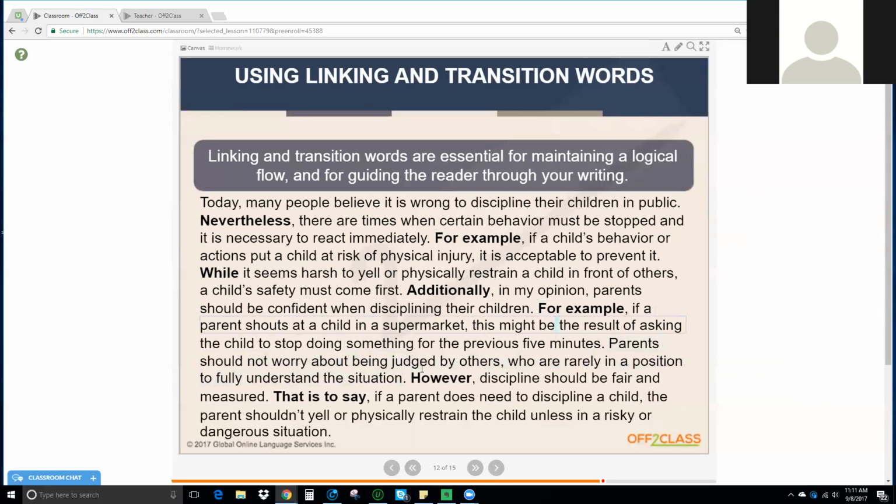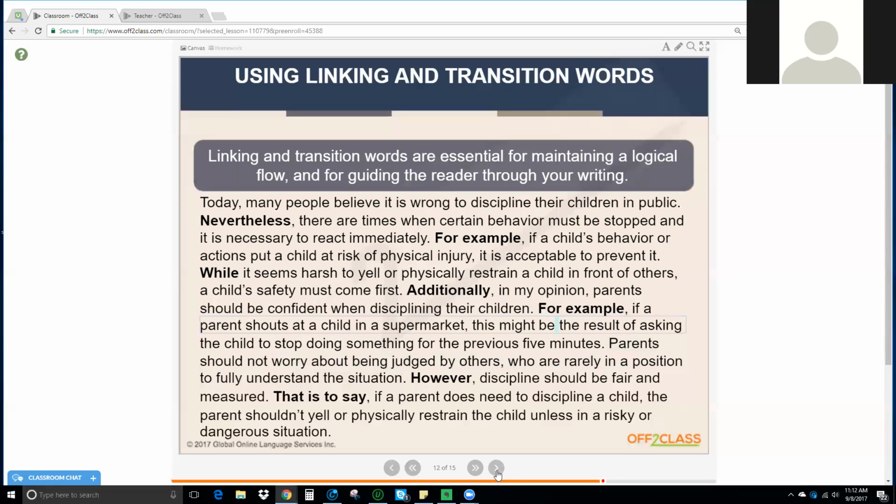Parents should not worry about being judged by others who are rarely in a position to fully understand the situation. Okay. So you could say something like, thus, parents should not worry about being judged by others. And that would not be incorrect. But on the other hand, it's really not totally necessary either.